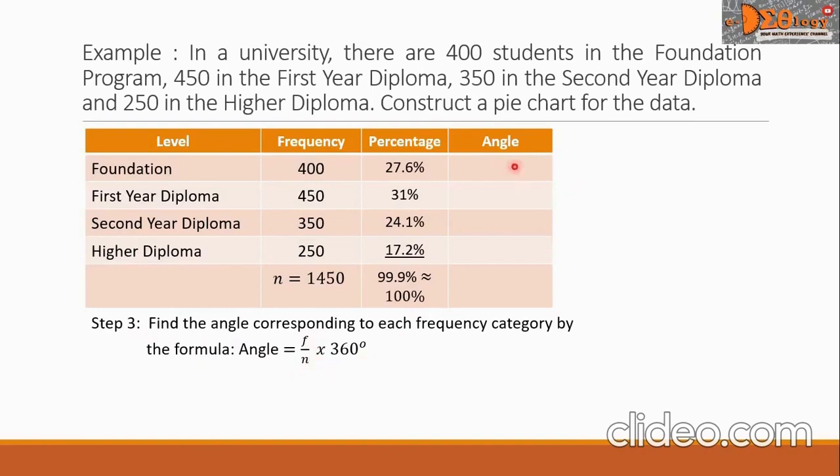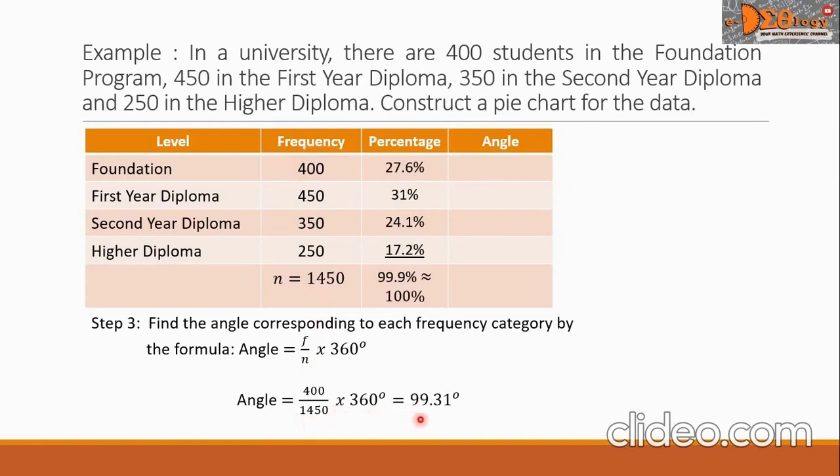Let's begin with the first blank here. It means, again, I'm going to use the frequency value and then divide by the N, 1,450 times 360 degrees.